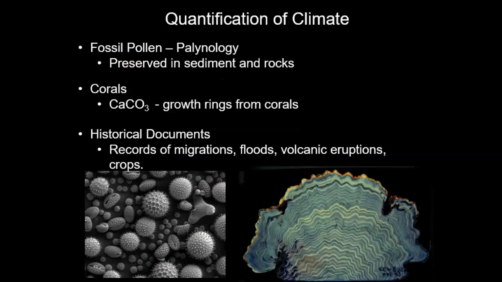A few other sources that provide us with clues to decipher these paleoclimatic conditions also exist, like the fossil pollen study, which is called palynology. Palynology literally means study of pollen. Climate is a major factor that influences the overall distribution of vegetation, and the nature of the plant community occupying an area is also a reflection of the climate.